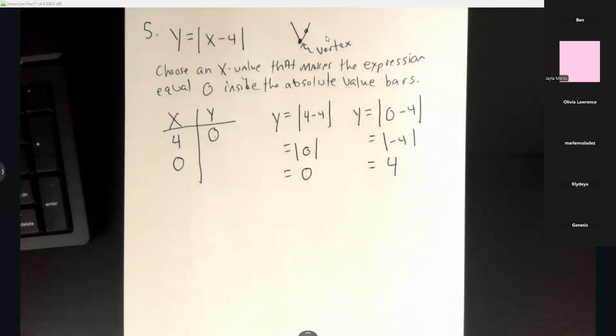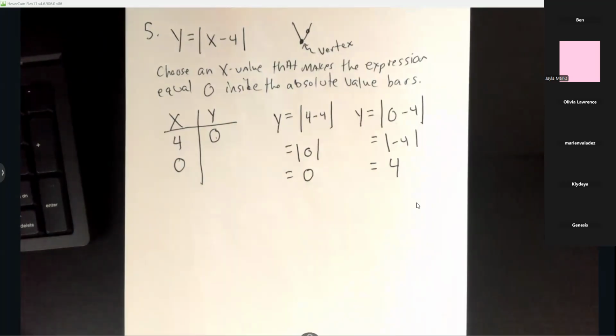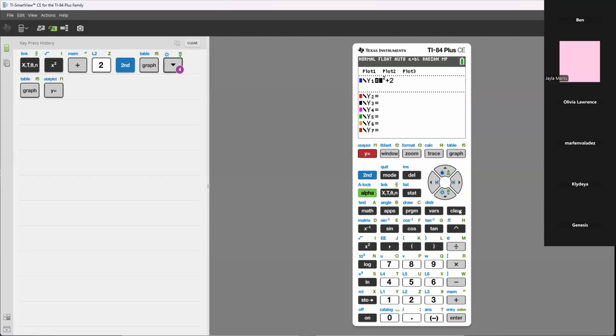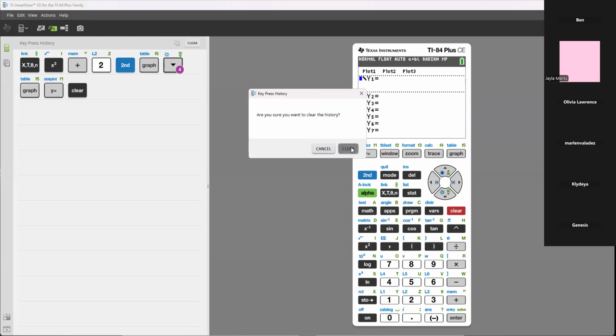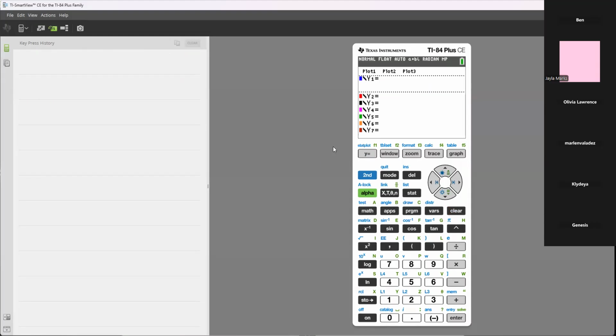Now, those are a little tricky to find on the calculator. Let me clear everything out. To get absolute value, there are 2 ways you can do it. The first way, you hit the blue second button, and then hit the 0. Above the 0 it says catalog.